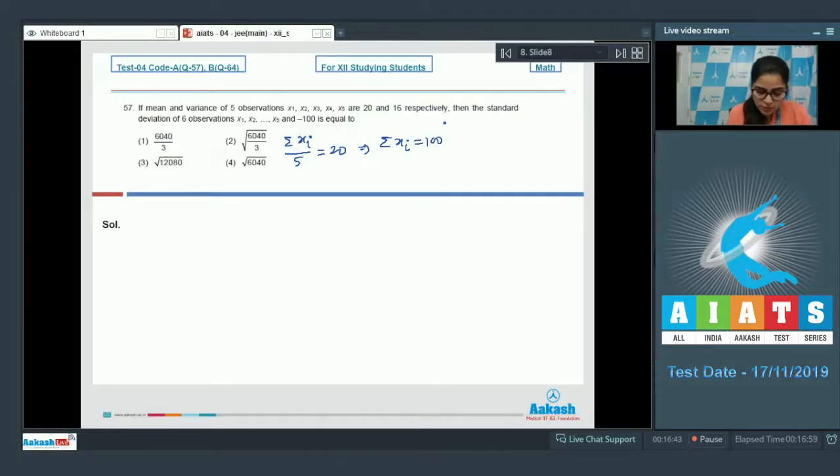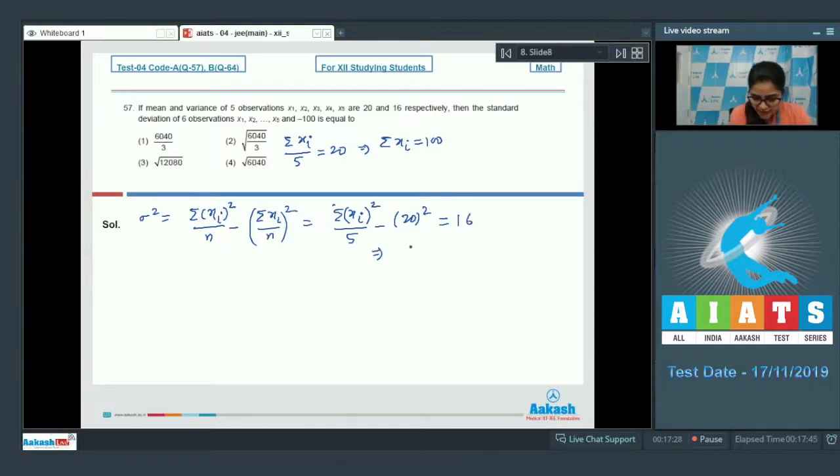And the second information is variance. So, variance is summation of xi square divided by n minus (summation of xi by n) whole square. So, just write down summation of xi square divided by 5 minus 20 square, that is equal to 16.